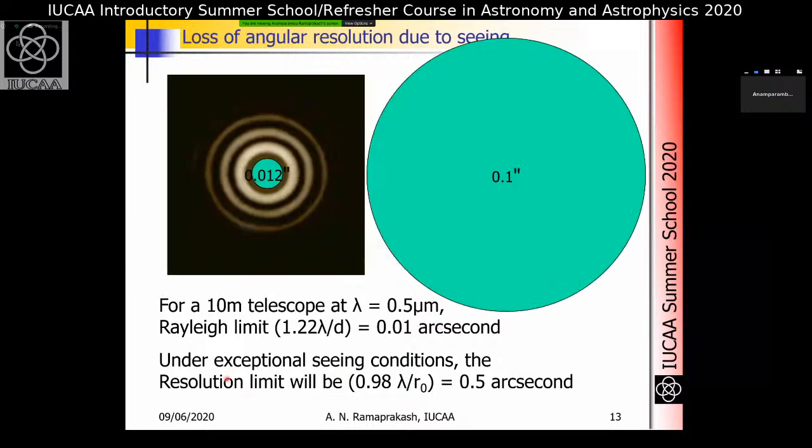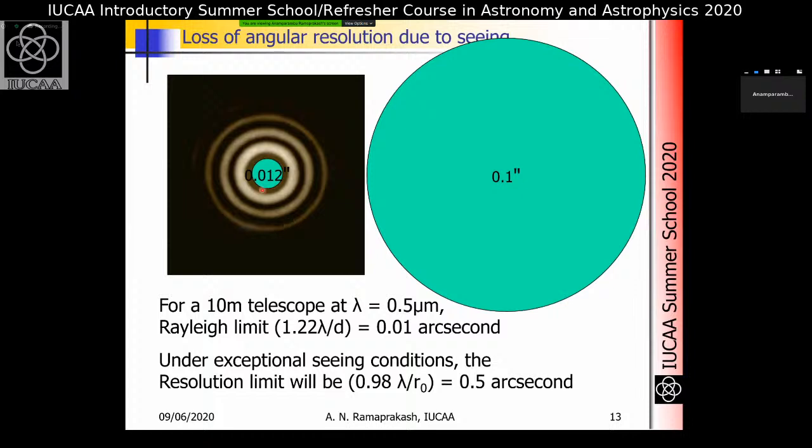So if I put that number in for R0 and calculate the size of the image as obtained by the telescope, instead of 0.01 arcsecond, it will be 0.5 arcsecond, 50 times larger.